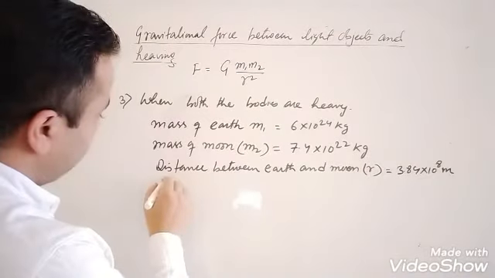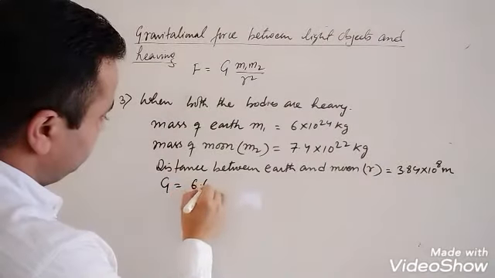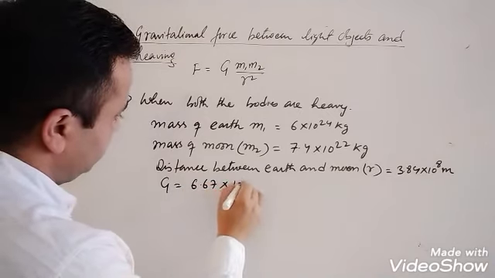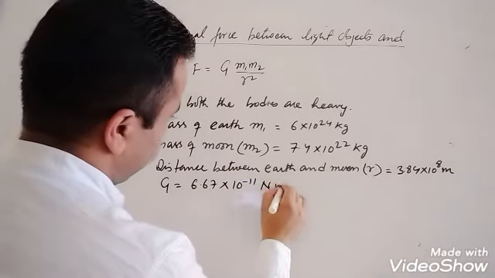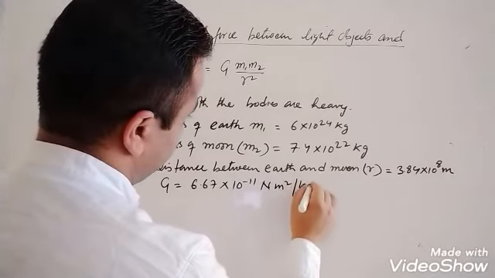So the value of G will be 6.67 into 10 to the power minus 11 Newton meter square per kg square.